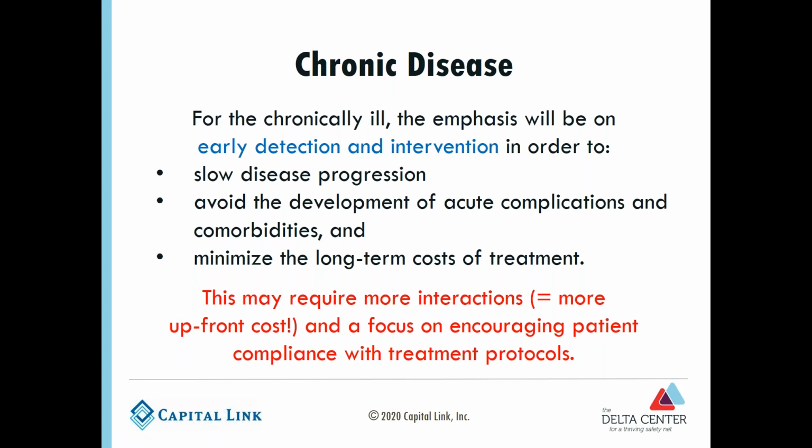And to some extent, when we look at trying to reduce those costs, we think about maybe increasing the efficiency of our interactions and maybe reducing them, when in fact, more upfront costs might be required. We need to interact with our patients possibly more than we are now in order to reduce the cost down the road, even though those interactions may have an early upfront cost. Okay, next slide, Chloe.